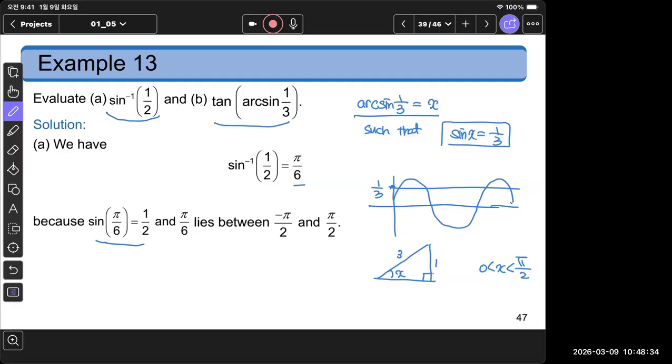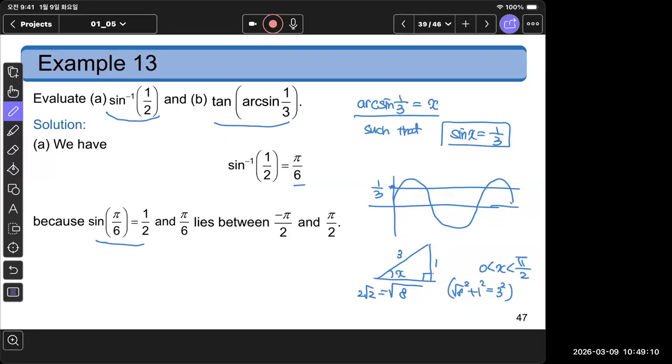Then the Pythagorean theorem says the square of the opposite plus the square of the base gives the square of the hypotenuse. So the base will be the square root of 8, so that the square root of 8 squared plus 1 squared is 3 squared, which is 9. Or you may say 2 square root of 2 is the base of this right triangle when sine of x is 1/3.